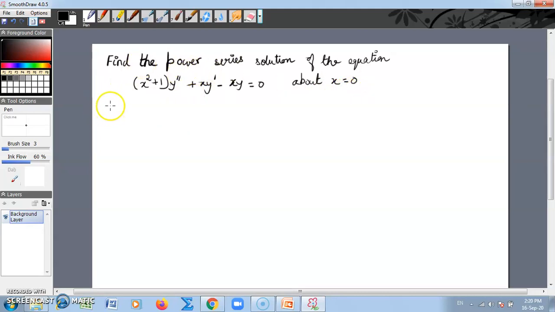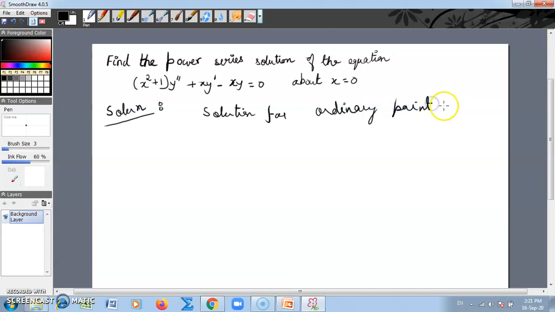and so we start with the solution. Solution for ordinary point x is equal to 0.